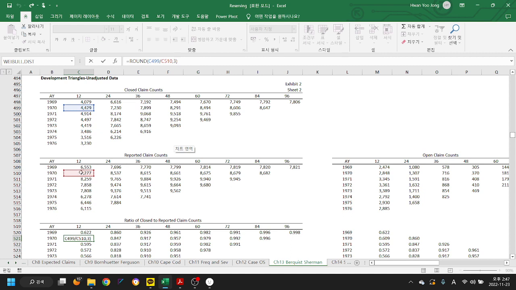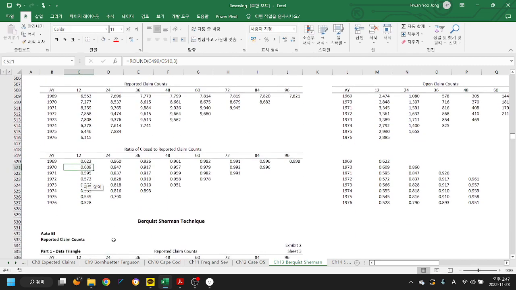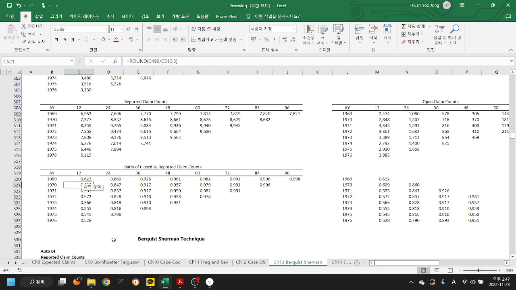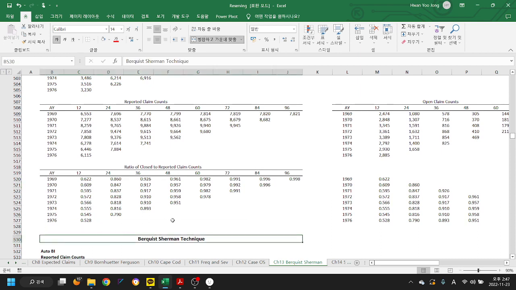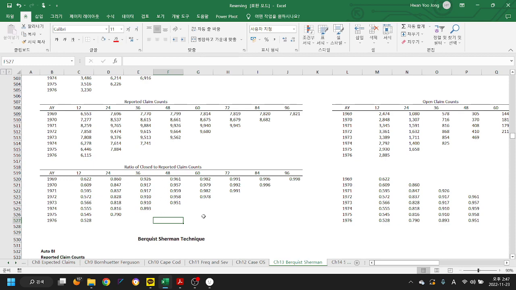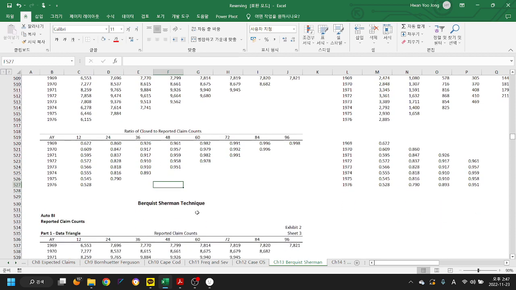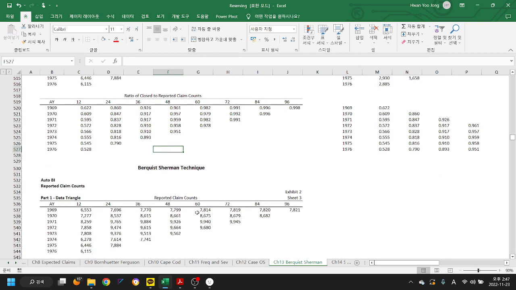If you add those together, I get the reported claim count. So this one is simply the closed claim count divided by the reported claim count. Out of the total reported claim count, what proportion of the claims are closed by the end of 1970? There are some other diagnostics as well, but it just gives an idea of how we can make a judgment on claim closing speed.